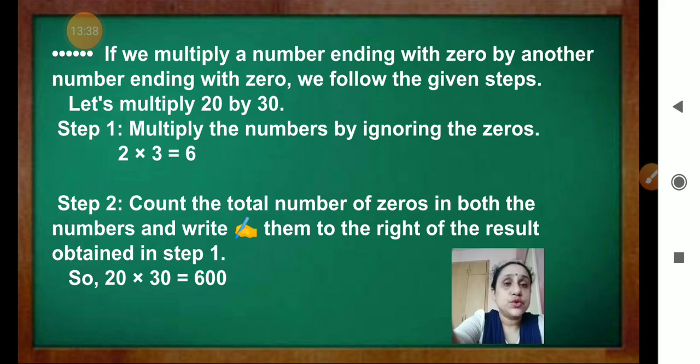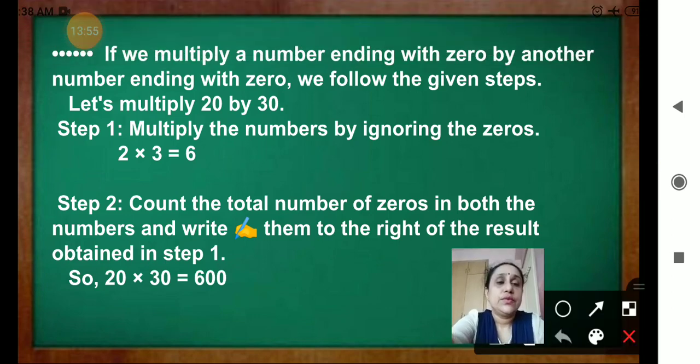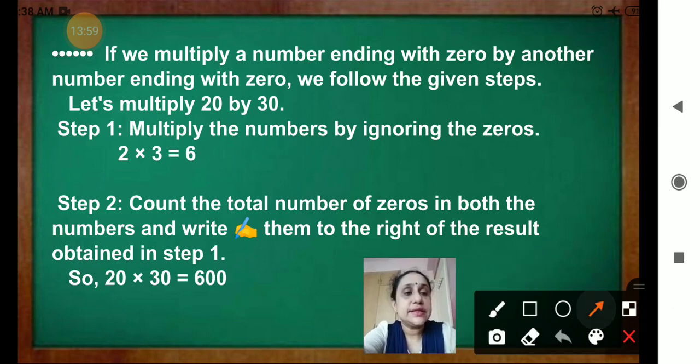Now come to step 2. Count the total number of zeros in both the numbers and write them to the right of the result obtained in step 1. So 20 multiplied by 30, what is it? Equal to 600 it is written.